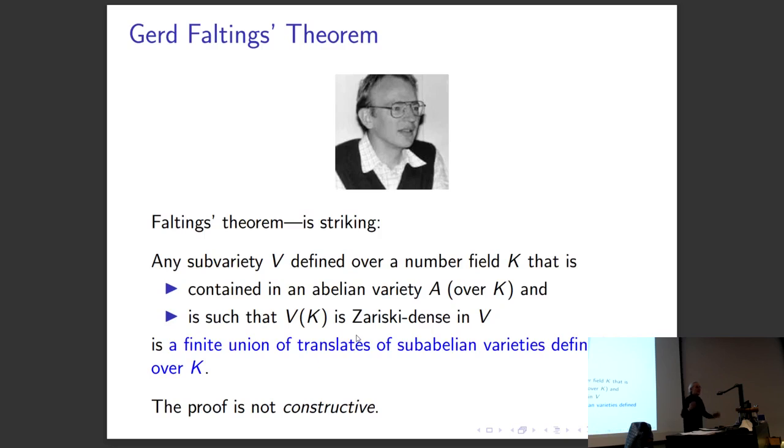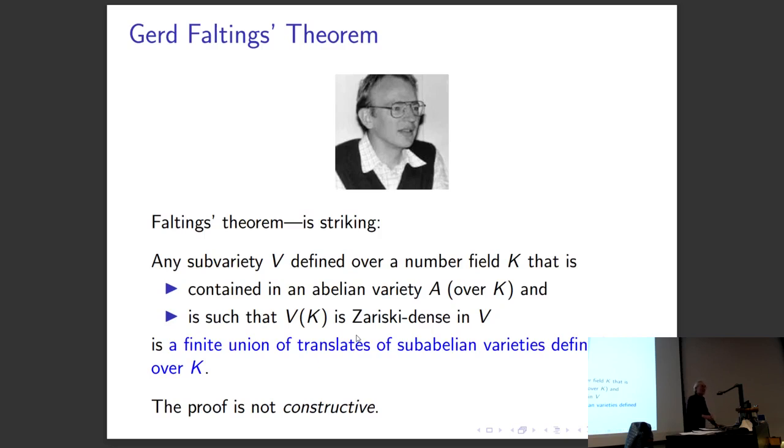That means if you have any subvariety of an Abelian variety, the K-rational points in that subvariety, the subvariety defined over K, sit in a finite union of points in that variety, a finite union of sub-Abelian varieties in that variety.